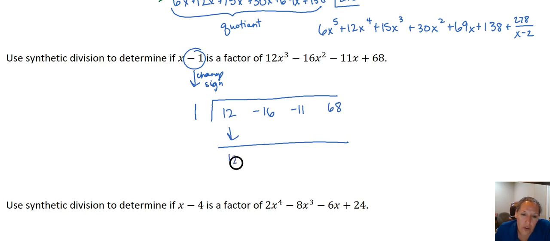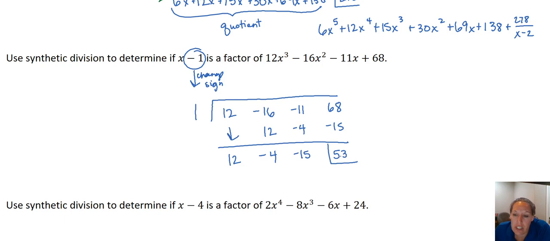Our 12 comes straight down. 1 times 12 is 12. Negative 16 plus 12 is negative 4. Negative 11 and negative 4 is negative 15. And then 68 minus 15 is 53.